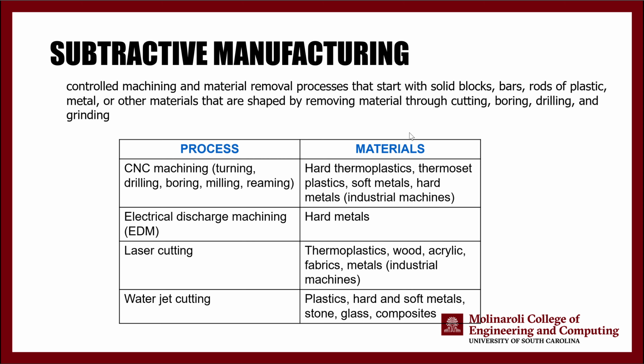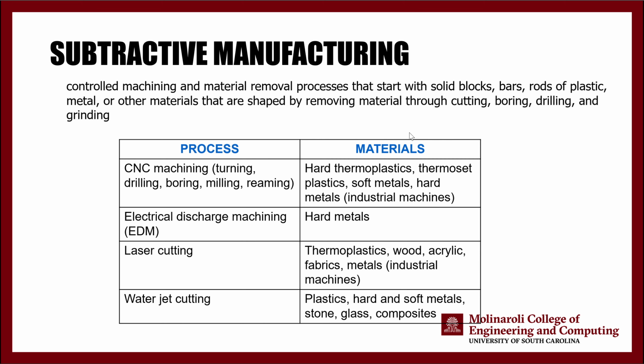Subtractive manufacturing, as we said before, starts with a solid block or bar or plastic rods, essentially a block of something, and then we remove parts of it, either controlled by a person or a machine, through cutting, boring, drilling, and grinding.